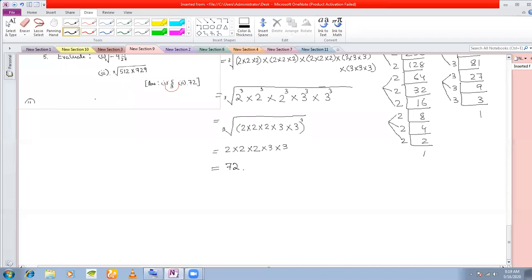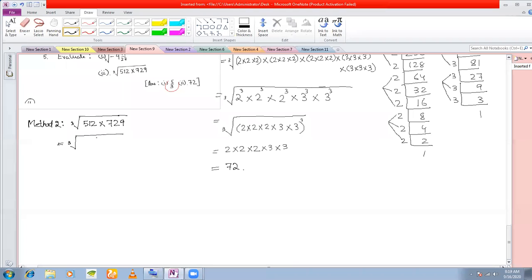Now, if you had remembered the cube roots, then it would have been very easy. Method 2, the second method, you can apply only if you had remembered these cubes. Then it would have become a 2-line problem.